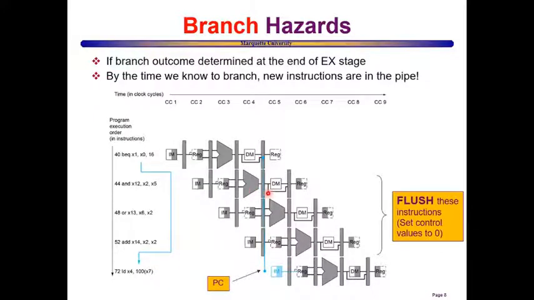But this is the last type of hazard, which complicates things a little bit, because you wouldn't know until later during the execution of this control instruction whether you needed to branch and fetch instructions from the branching address, or we should continue by default fetching and pushing into the pipeline instructions that were right after that control instruction.